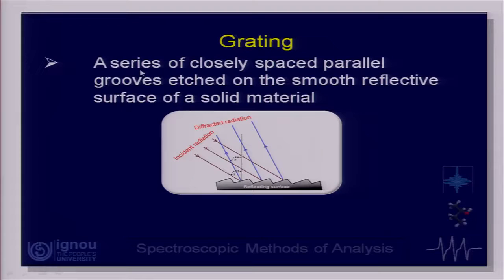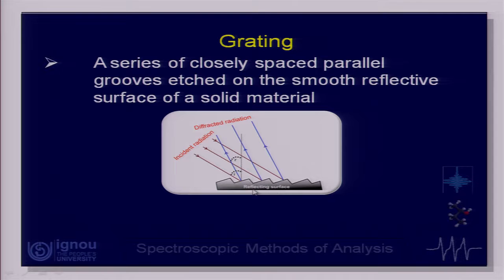Now, let us go further and talk about the second kind of monochromator, called a grating monochromator. To understand that, let us first understand what a grating is. A grating is a series of closely spaced parallel grooves which are etched down the smooth reflective surface of a solid material. Essentially, we have a material on which very fine grooves are cut.